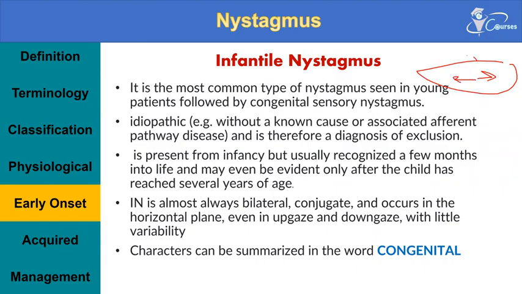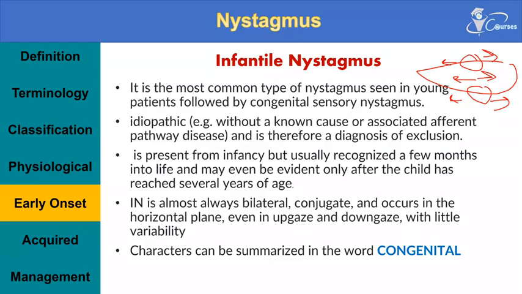Even if the patient is looking up, it will beat horizontally. Looking down, it will beat horizontally. It can beat horizontally in up and down gaze with little variability. So these are the characteristics of infantile nystagmus.